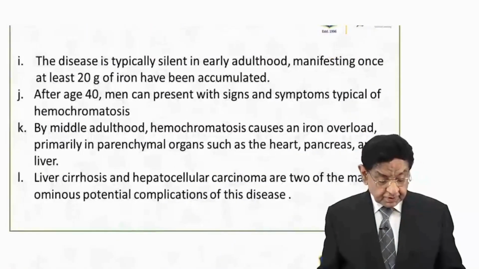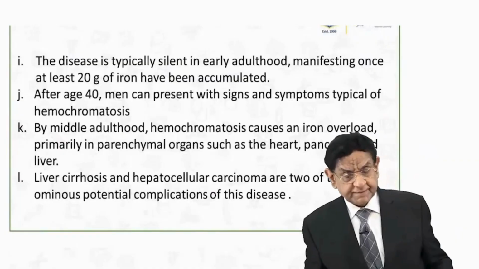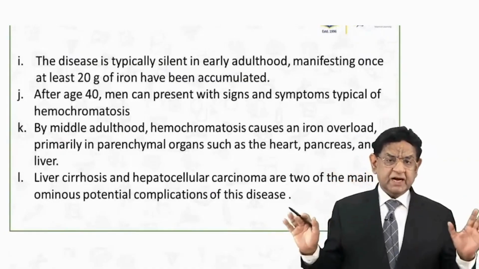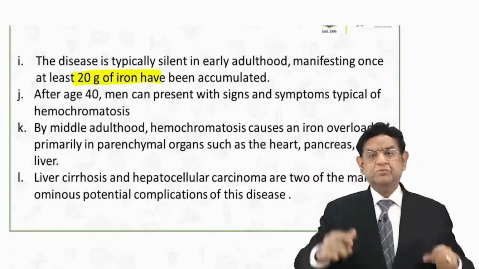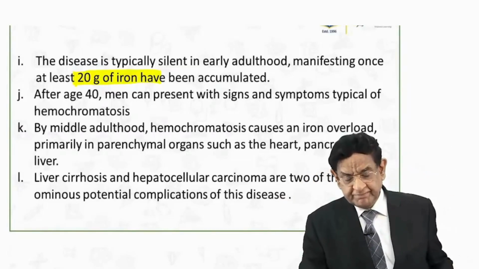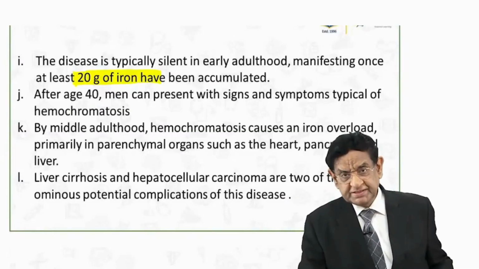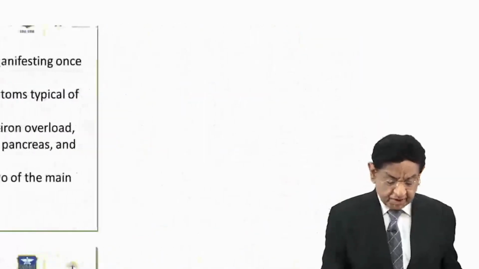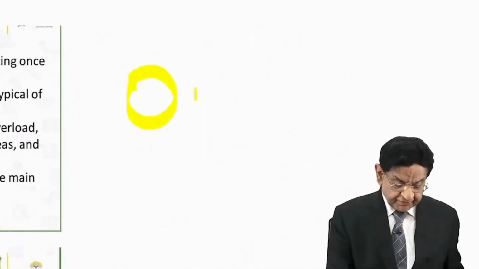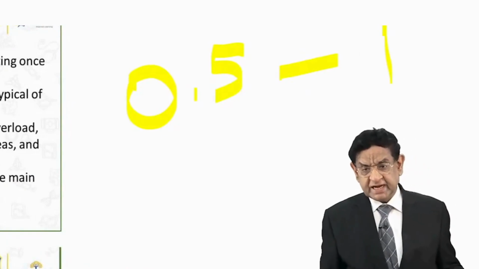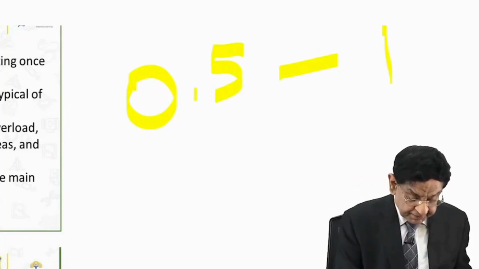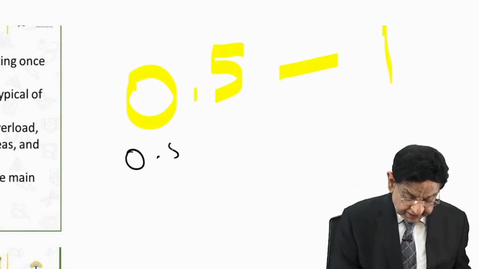Point to be noted, when the extra iron is about 20 gram, a minimum of 20 gram, the patient will have manifestation. And in the previous slide we learned that about 0.5 to 1 gram of extra iron is absorbed every year.